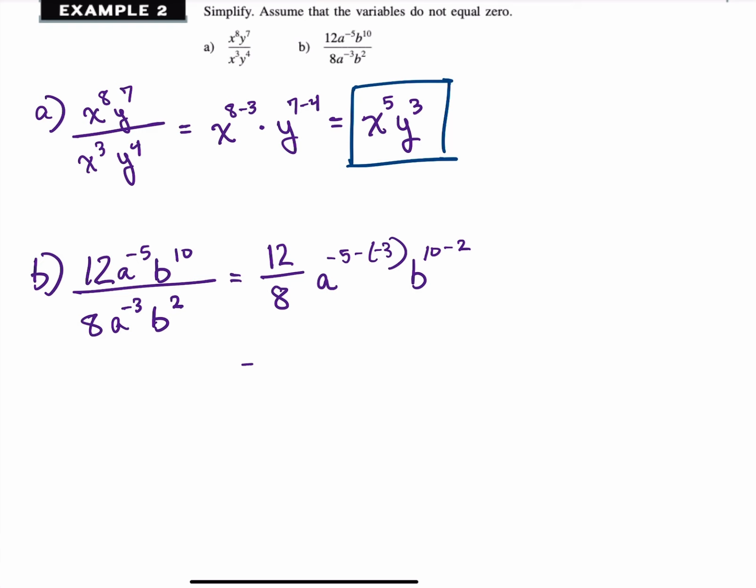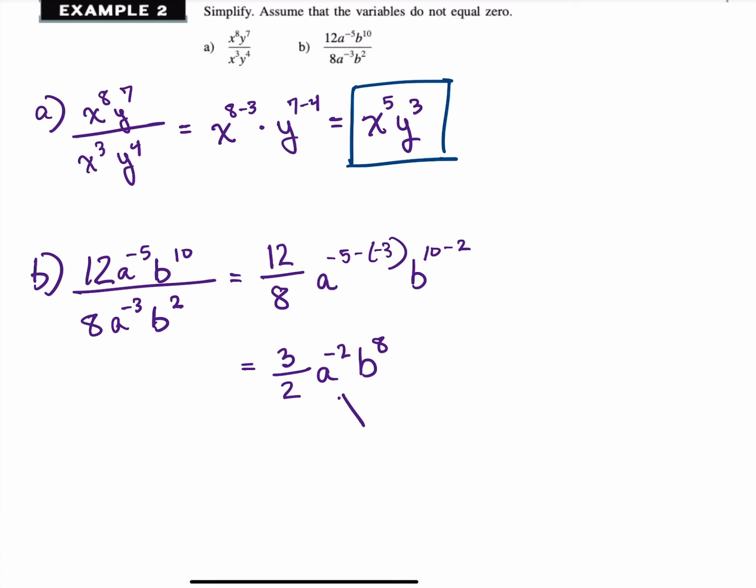So 12 over 8, we can divide both of those by 4. 4 goes into 12 3 times, goes into 8 2 times. And then negative 5 minus negative 3, that's like negative 5 plus 3. So we get a to the minus 2 power. And then times b to the 8th power.